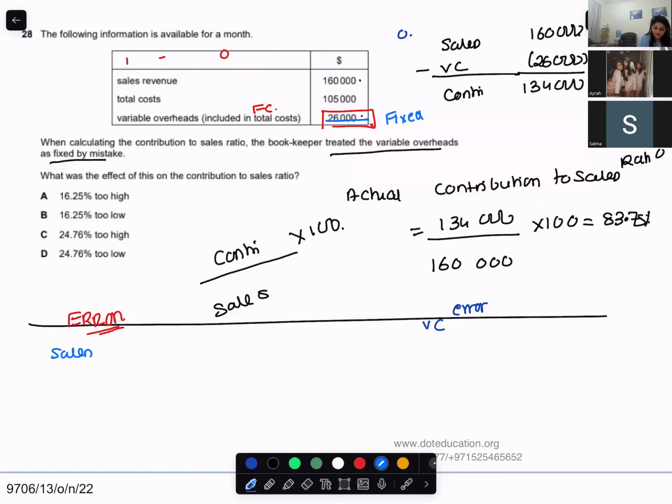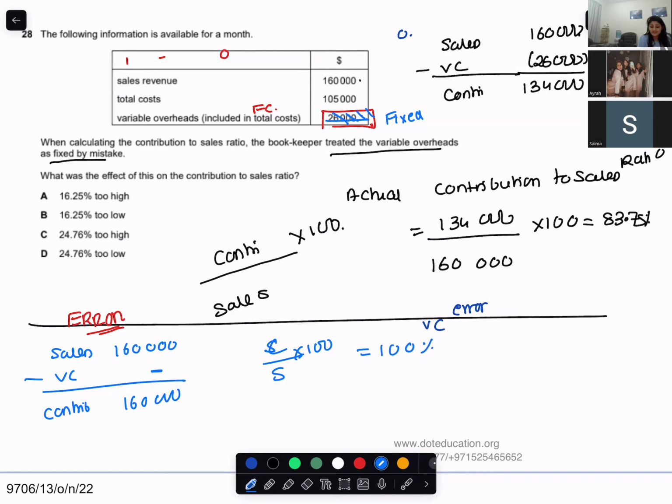He had sales of 160,000 and for him there was no variable cost. He thought this full is fixed. So the contribution is how much? 160,000 because for him there was no variable cost. So contribution over sales into 100 is giving us 100%.